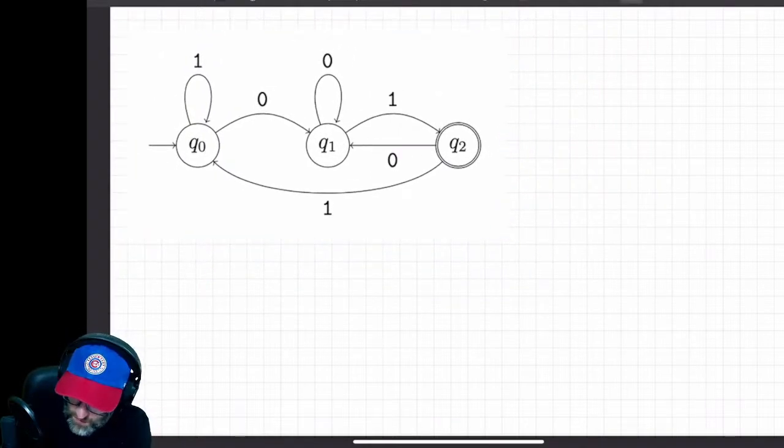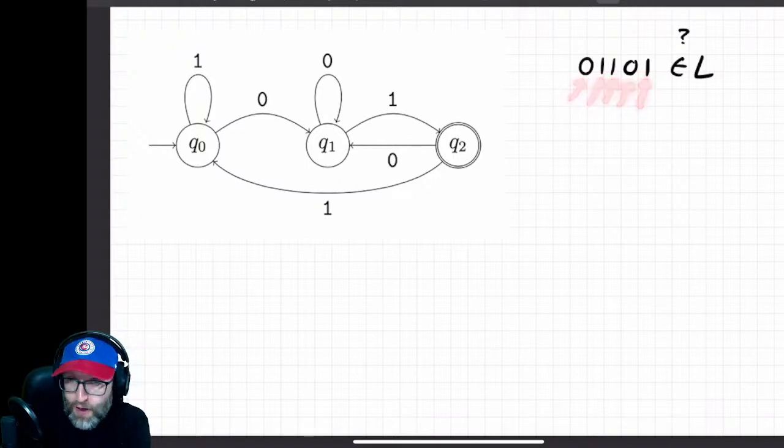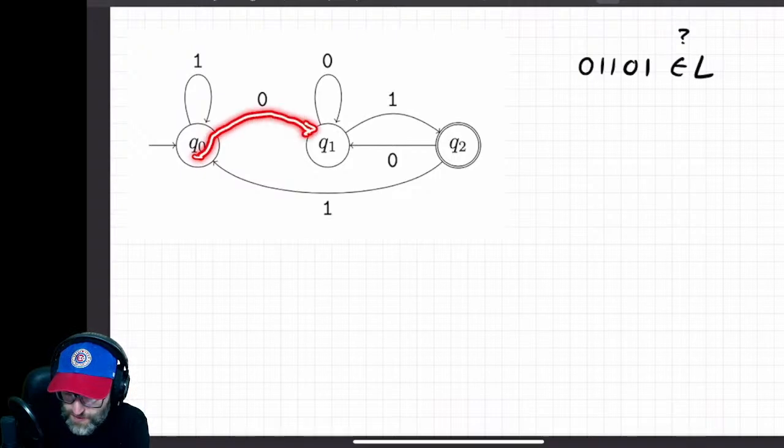So let's go ahead and go with 01101. Is that in the language or not? So we start reading bit by bit. On each bit that we read, we transition into another state. We start out in this state. I read a 0, which means that I transition over to this state.